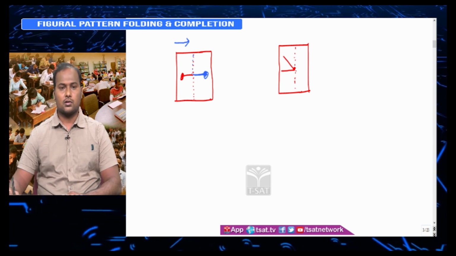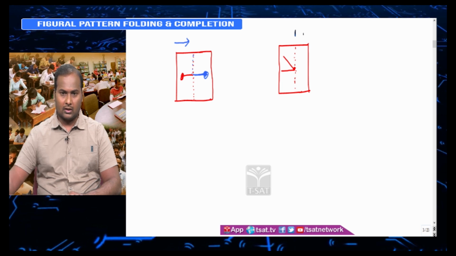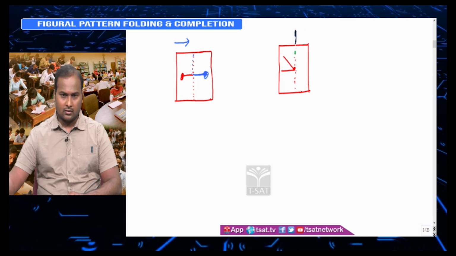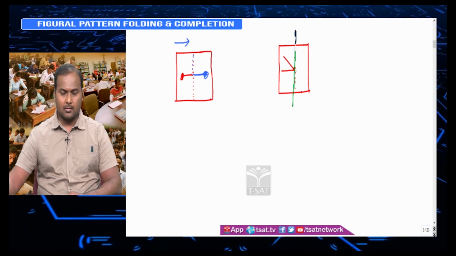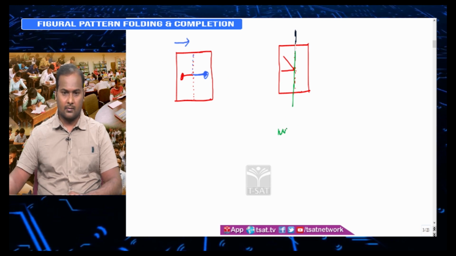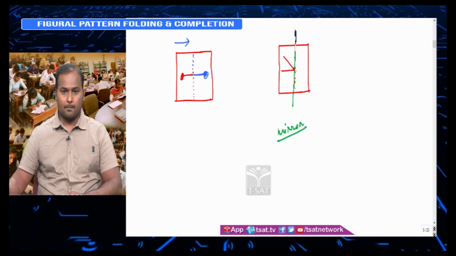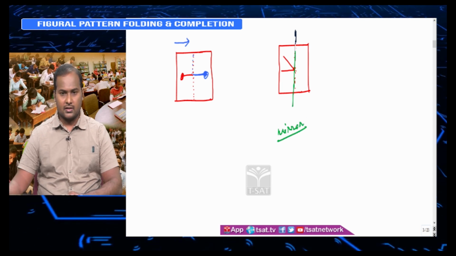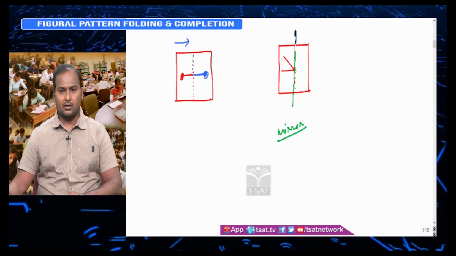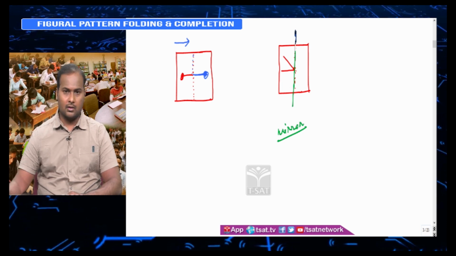The student has to observe that this particular line is a mirror. Remember that whatever dotted line is given, that dotted line should be seen as a mirror. Once you see this mirror, whatever is near the mirror will be near the mirror, and whatever is away from the mirror will be away from the mirror.